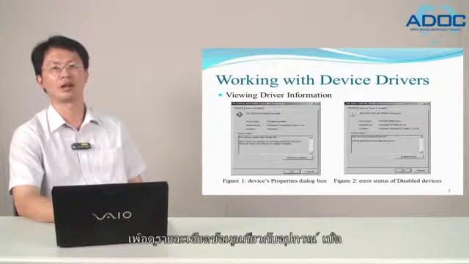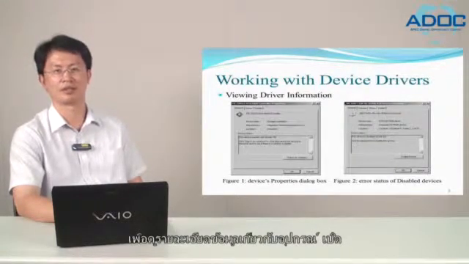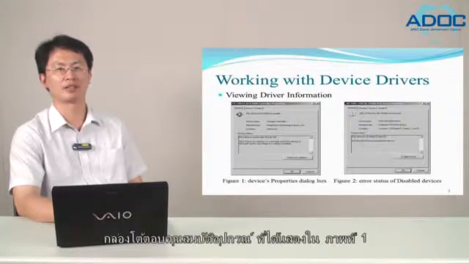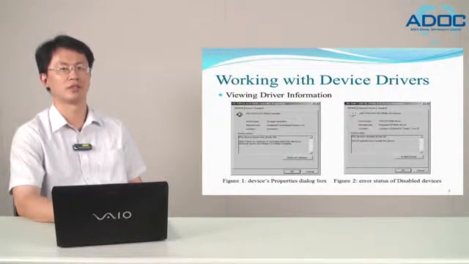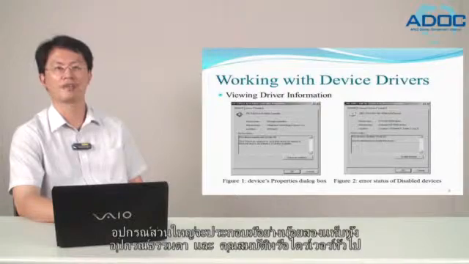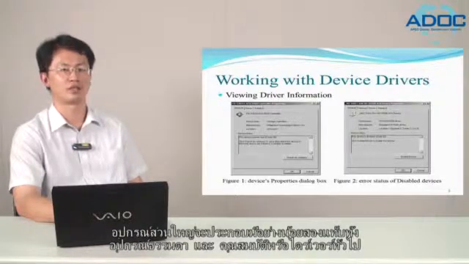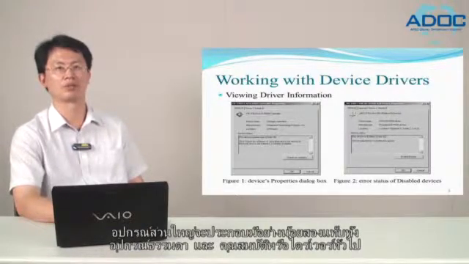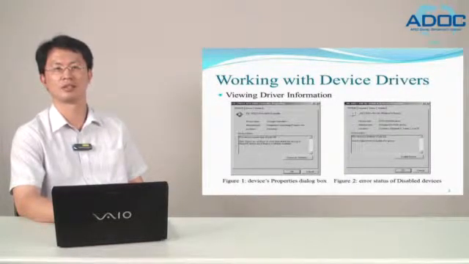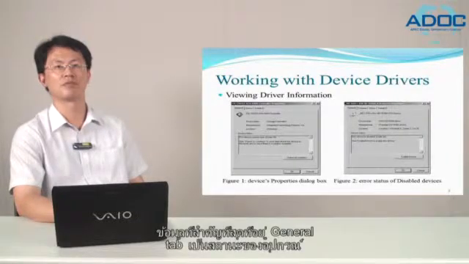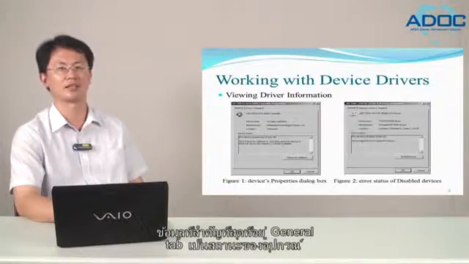To view the detailed information about a device, open a device property dialog box, as shown in the figures. Most devices have at least two tabs, either General and Properties, or General and Driver. The most important information on the General tab is the device status.